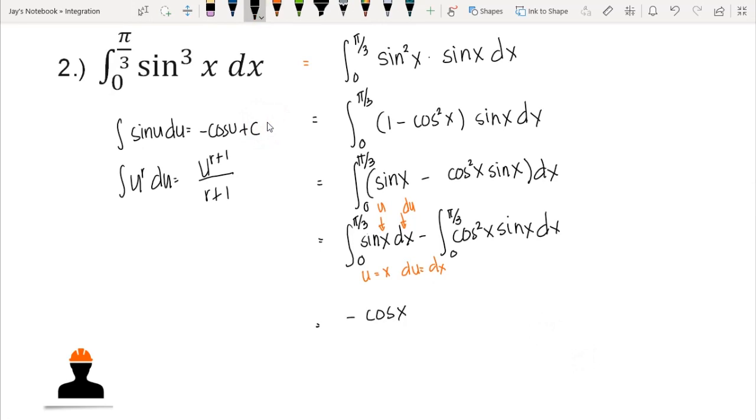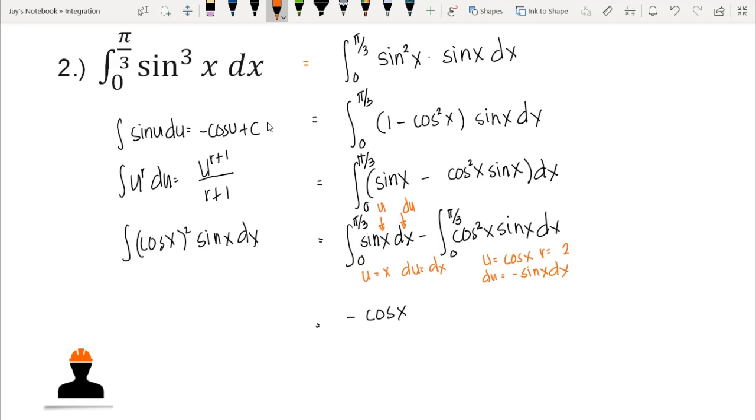Then the second term, we have cosine squared x sine x dx. In this case, we can apply the power rule. We can rewrite this as the integration of cosine x squared times sine x dx, wherein our u is equal to cosine x, r is 2, and our du is the derivative of cosine x, which is negative sine x dx.